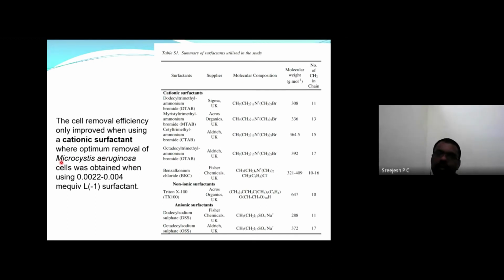This is a particular algae which we commonly see whenever an algal bloom takes place. This range of concentration of cationic surfactants was used. Here you can see different examples of the cationic surfactants.